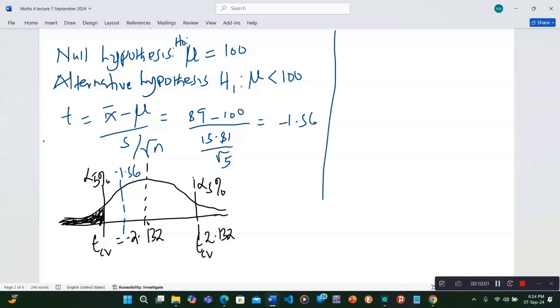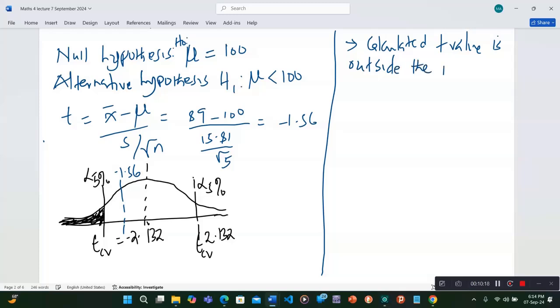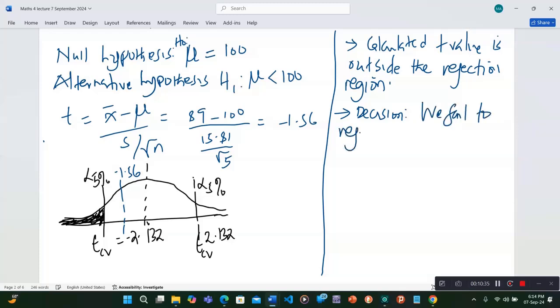So let us make some deductions here. We can see that the calculated t value is outside the rejection region. Decision: we fail to reject, because if it was within the rejection region, we would reject the null hypothesis. But if it is outside the rejection region, we fail to reject the null hypothesis, that is H naught.